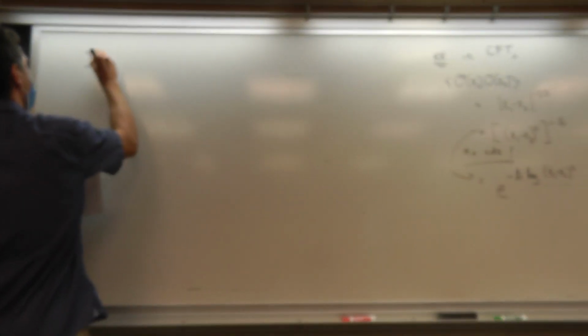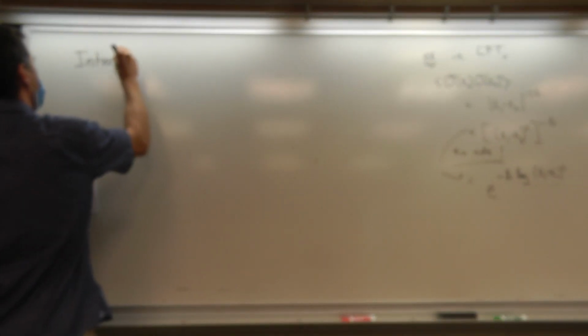Interpretation of reflection positivity is that this is the Euclidean avatar of positive norms. This is the statement that the theory has positive norm states.